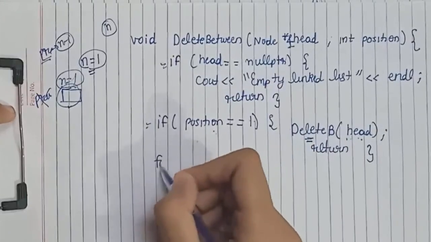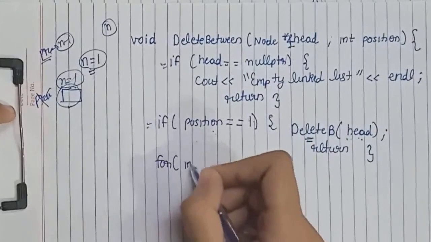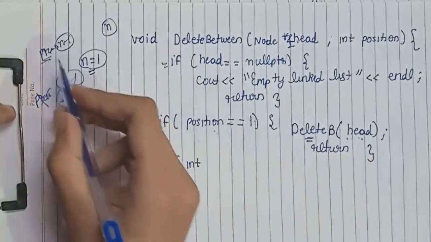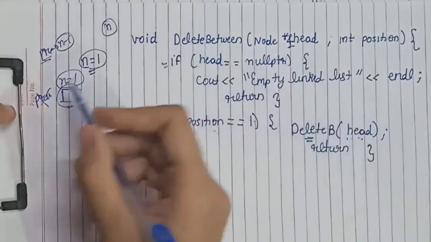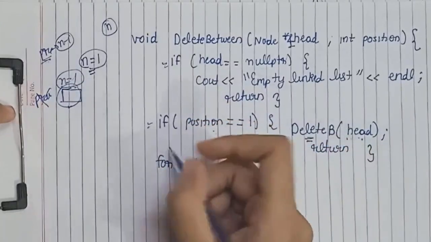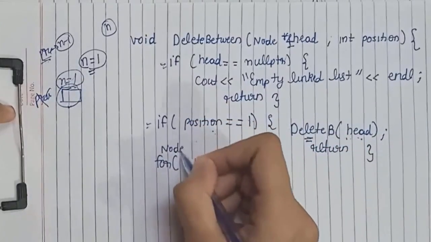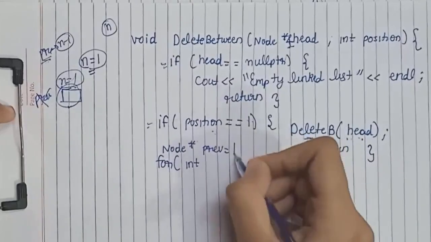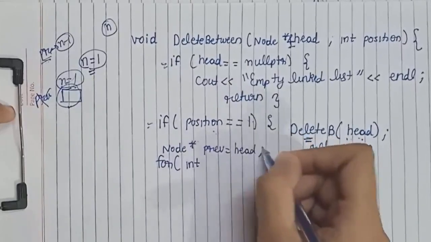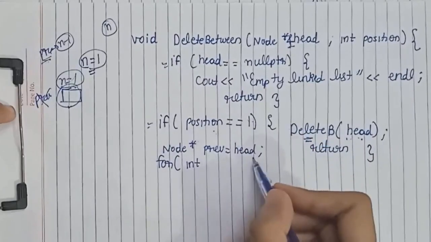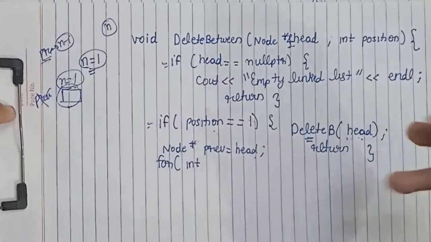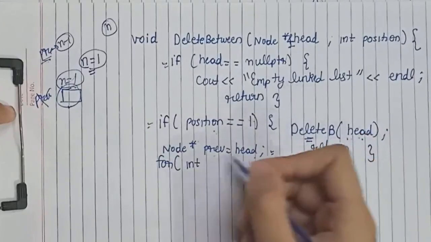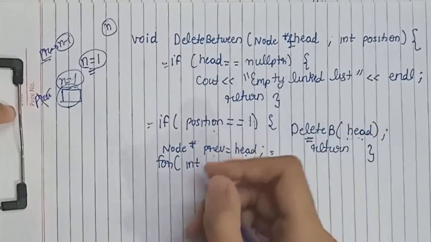Now I will write a loop, because I know that I want to take the previous pointer to the n minus 1th position. So let me just create the previous pointer first. Initially the previous pointer will be pointing to the first node, which we will do by this assignment. It should be clear to you why after this assignment previous will be pointing to the first node.